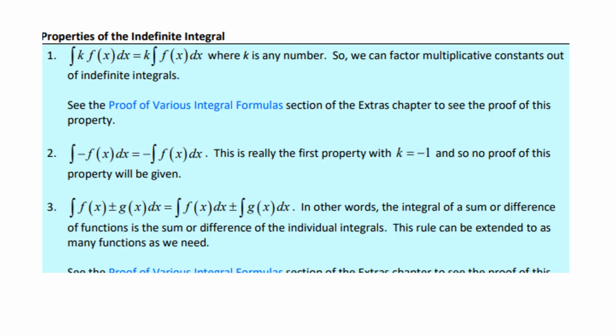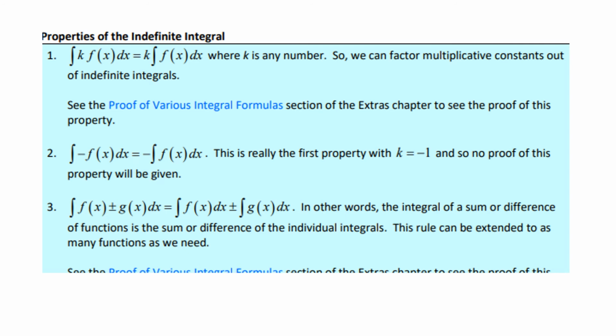We have properties of these indefinite integrals as well, and they follow from the fact that the derivative of a constant times a function is the constant times the derivative. That means if we're integrating k times f of x dx, we can pull the k through the integral sign, and it won't make any difference. And certainly that works for k being a minus 1.